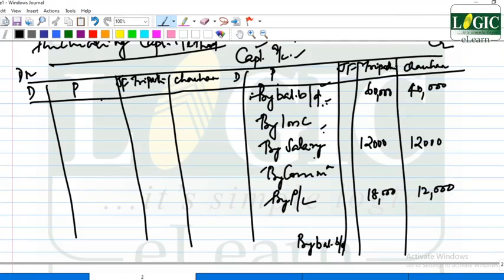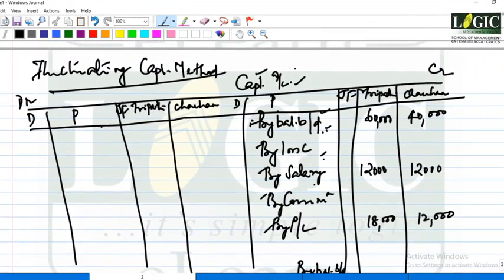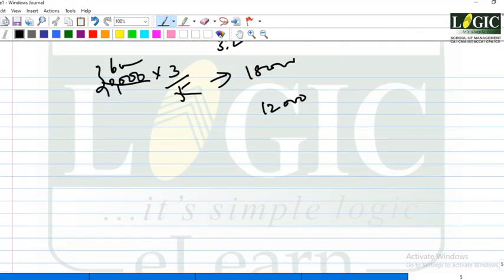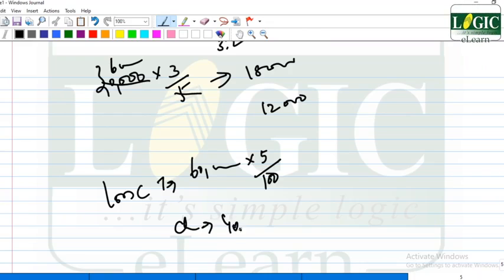And interest on capital, popularly called IONC by commerce people. IONC at the rate of 5%, 5% upon what? In the case of Tripathi, it is 60,000 into 5 by 100, and in the case of Chauhan, it is 40,000 into 5 by 100.